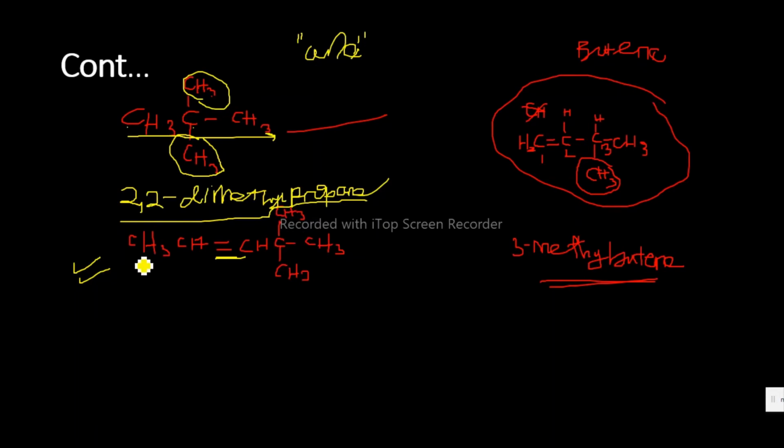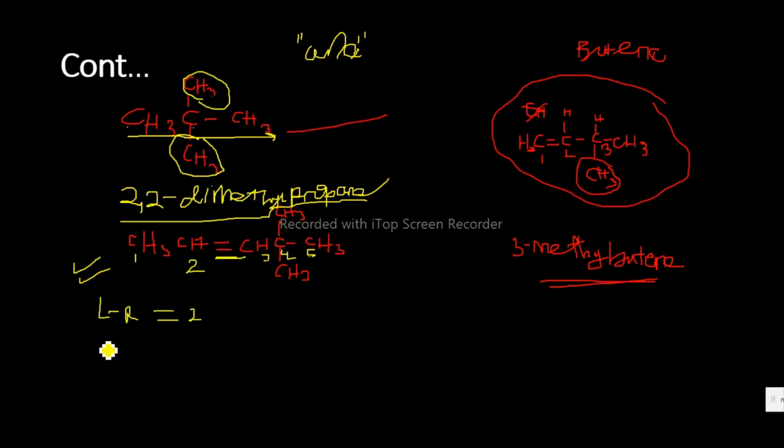So if we count from left to right, the double bond is on carbon 1, 2, 3, 4, 5. So the double bond is on carbon number 2.